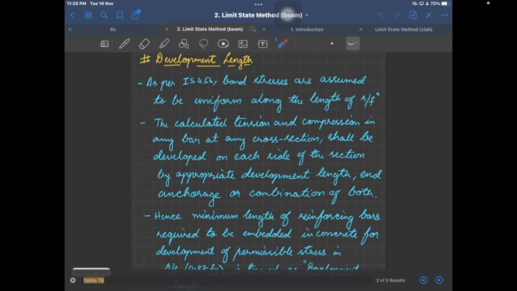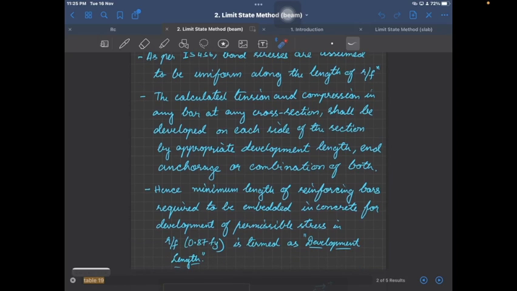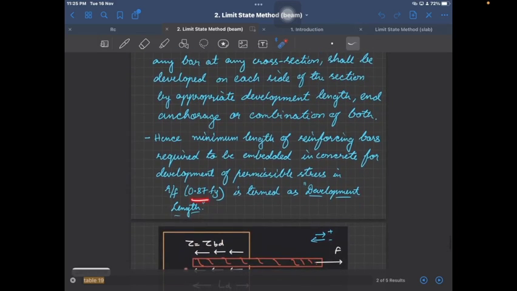To develop the bond stresses, to develop the design stress in the beam reinforcements, we have to give those reinforcements a certain development length so that they will attain their design stresses, like 0.87 fy.